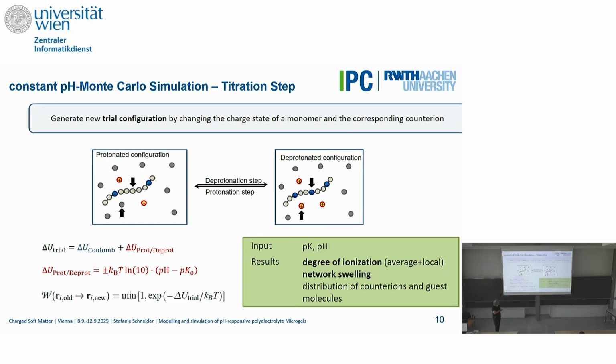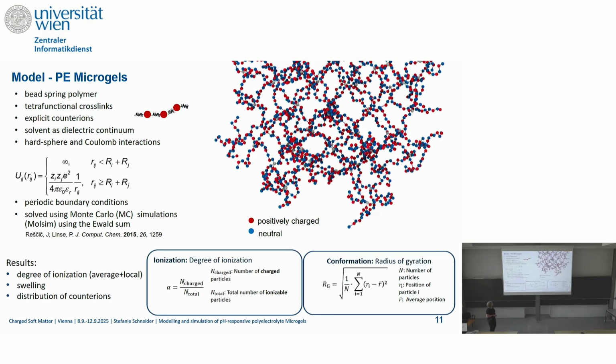And also the network swelling is an outcome, and distribution of counter ions and gas molecules. So if we go to the model, we use bead spring polymer with tetrafunctional crosslinkers, and we use a primitive model for electrolytes. So we use explicit counter ions, which is important for these systems.